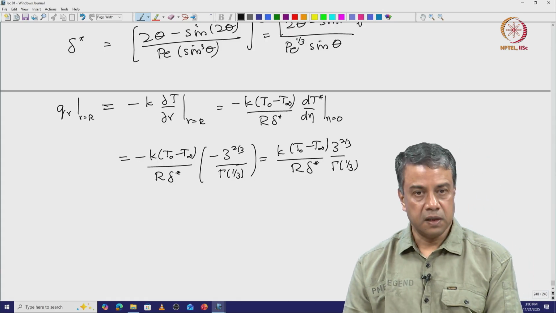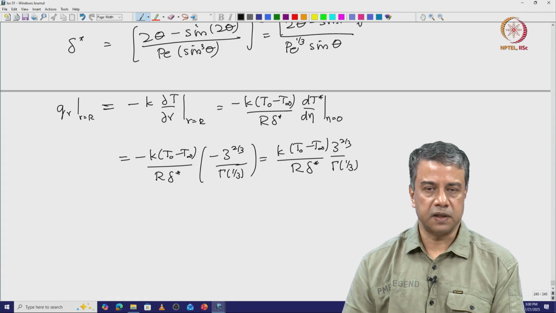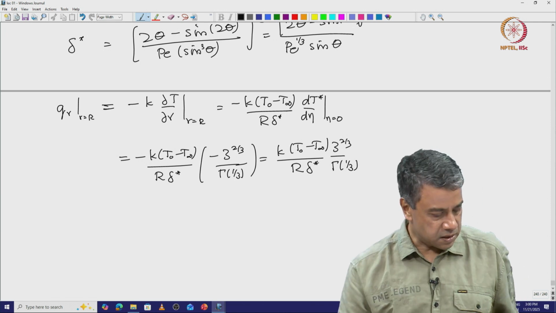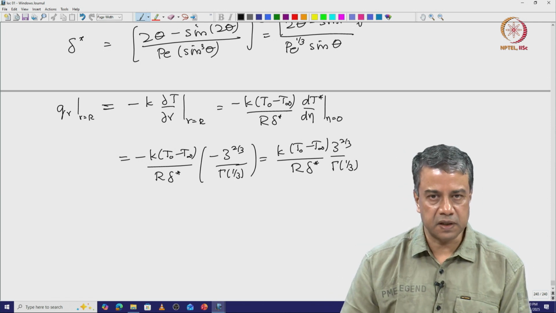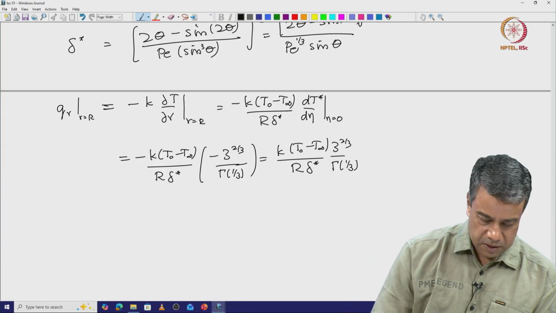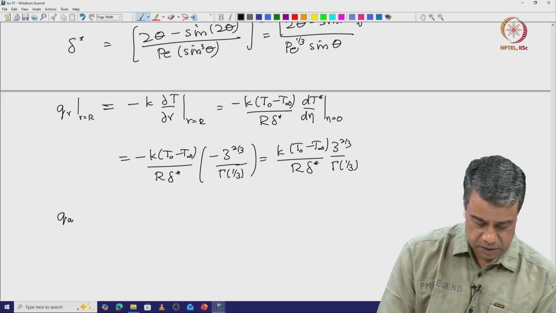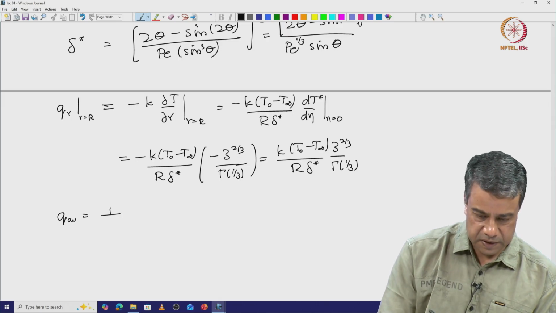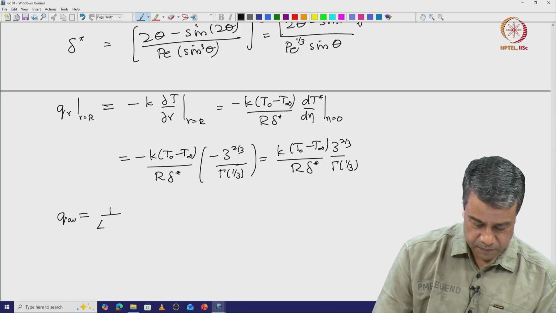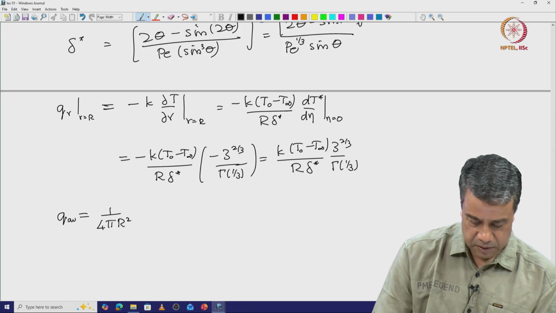Note that delta is a function of theta. So the flux varies as theta changes. Since delta is a function of theta, there is a variation in the flux as you go downstream. The average flux is 1 over the surface area, by r squared.